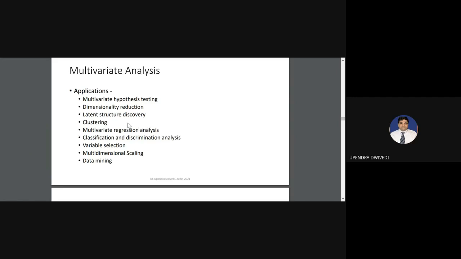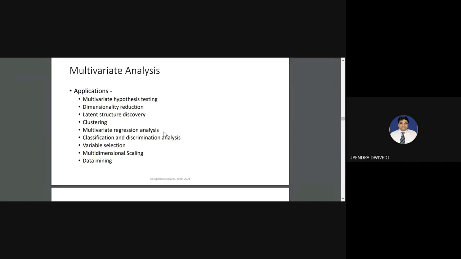Clustering. For example, suppose you want to find out that in a house market, some houses have a higher demand, some houses have a lower demand. If we have two categories of houses, with higher demand and with lower demand, we can define a clustering approach, or you can make a clustering problem here where the output is houses with higher demand and houses with lower demand.